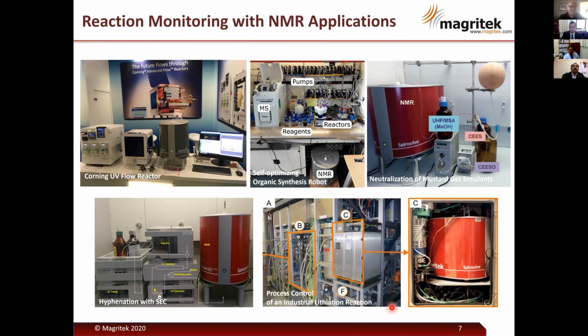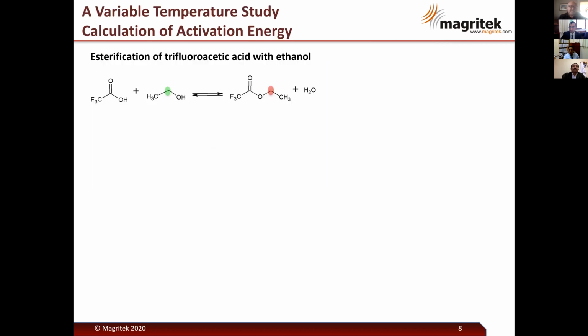So with that, we will get started with different examples. This first one is a simple organic reaction to learn how benchtop NMR can be used to extract reaction kinetic data. This example came from our lab in Germany, with the use of the Spinsolve 43 megahertz with variable temperature capability. This is an esterification reaction between trifluoroacetic acid and ethanol.